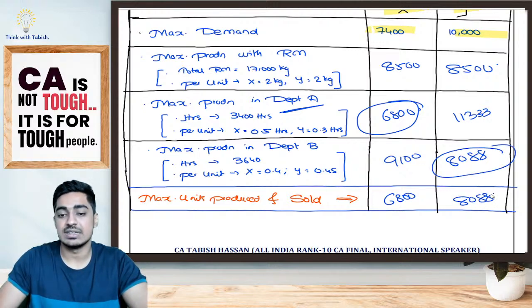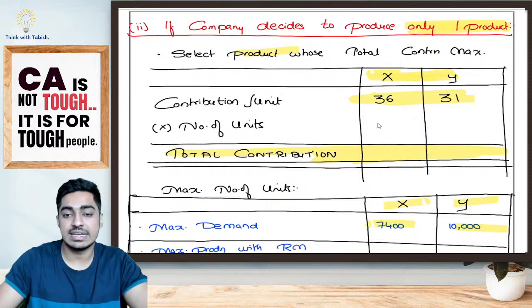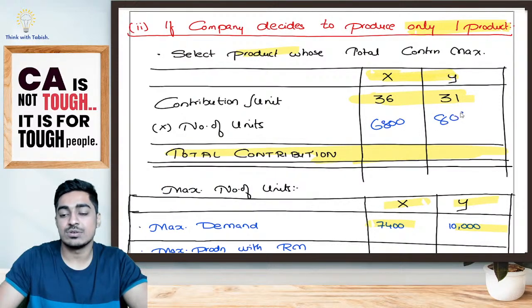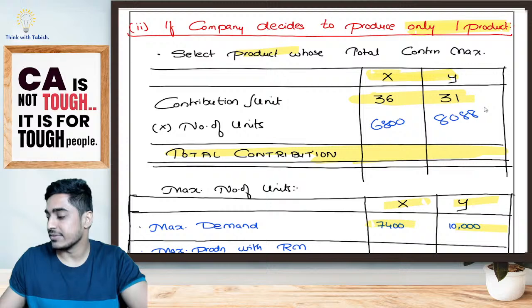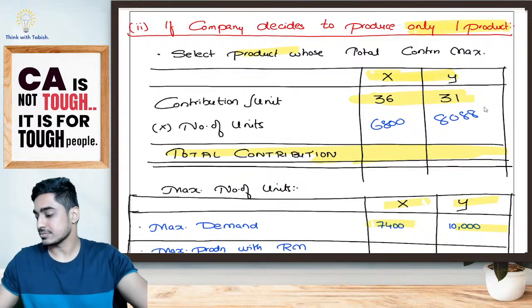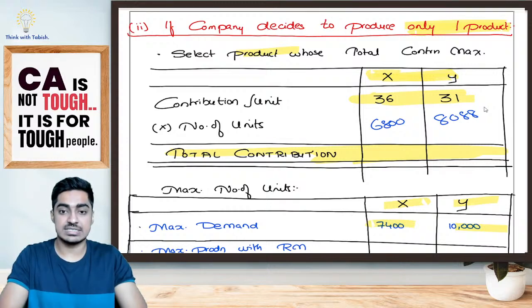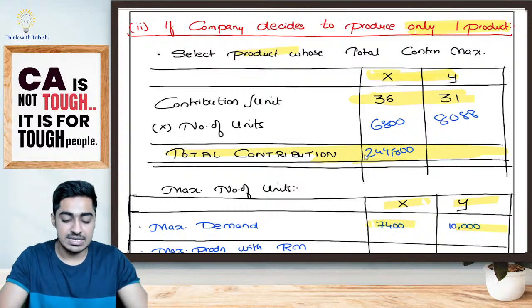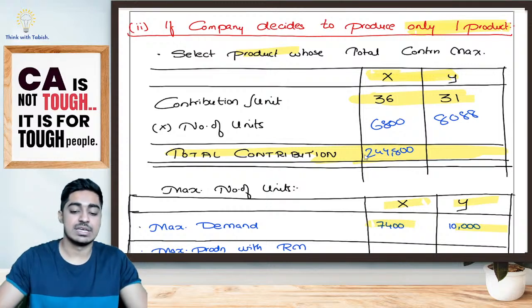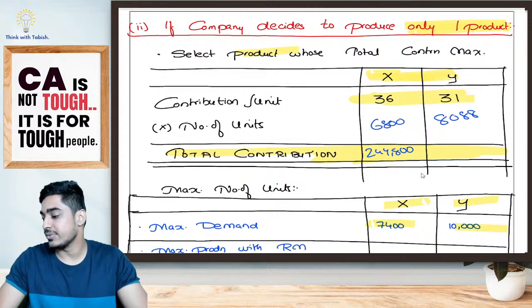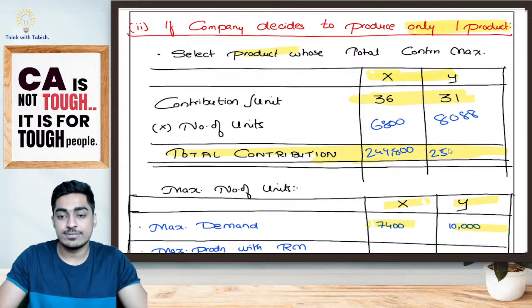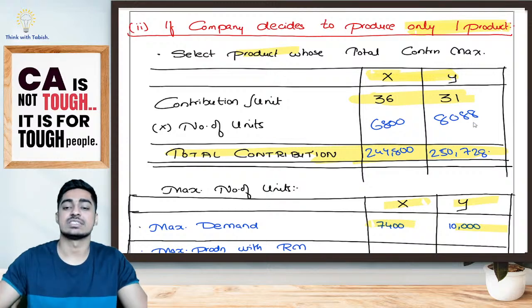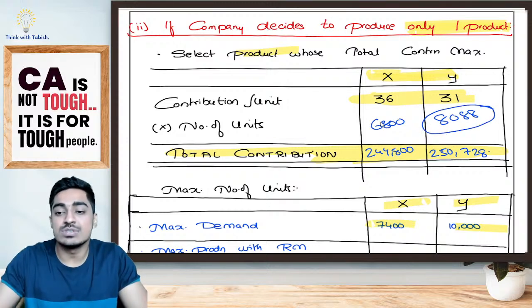So we have 6,800 units of X and 8,088 units of Y. Okay, so 36 into 6,800 gives 2,44,800 as the contribution from X. 31 into 8,088 gives 2,50,728. Yes, here we need to consider 8,088.